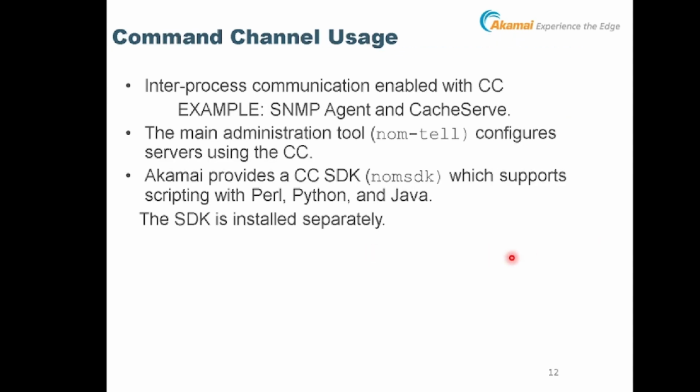All of those things are exactly the same. No differences. The tool that you use, NomTel, to send these command channel instructions, exactly the same. Everything the same here. The SDK, exactly the same.